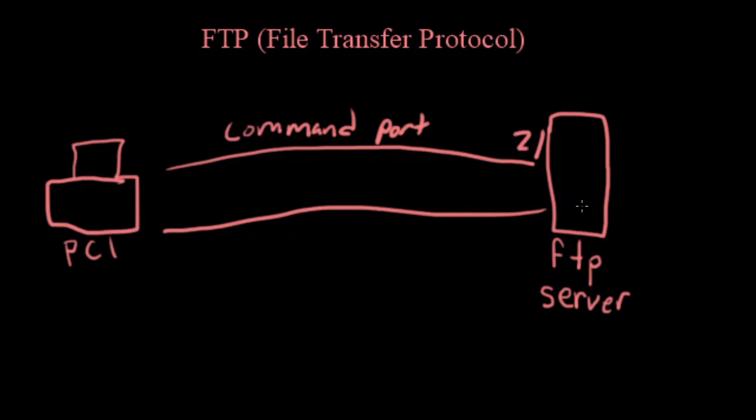And when the FTP server receives this request, it makes a connection using the data port, and it opens the connection through port 20. When this port is open, this is when you can actually transfer files between your PC and the server. And this is what we call an active session.